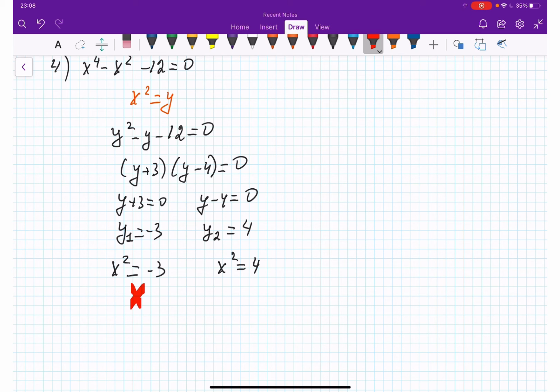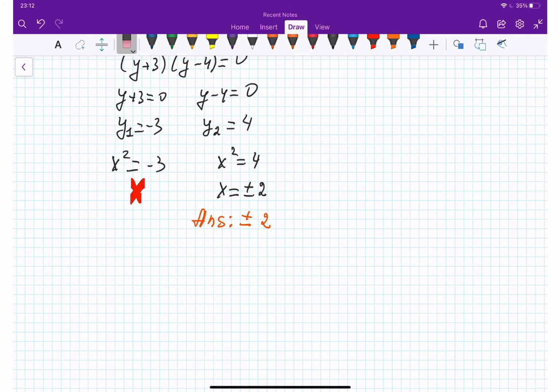So we are ending up with x squared equal 4 and x is equal plus minus 2. So the answer here is plus minus 2.